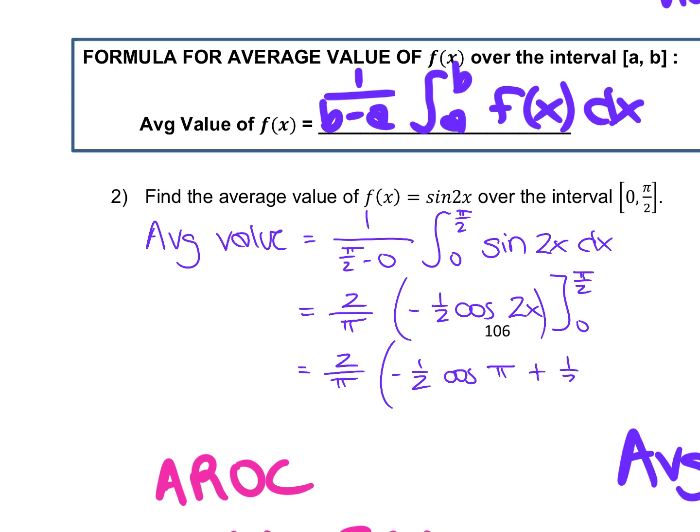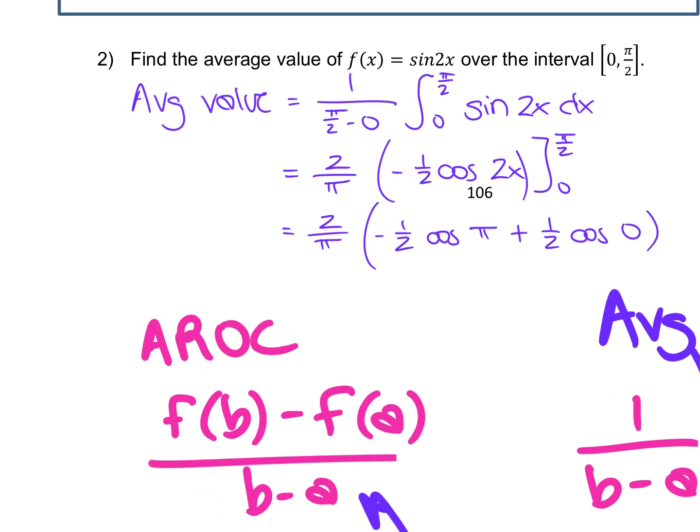Plus 1/2 cosine at 0. All right, quick question. What is the cosine at pi? Negative 1. So that's positive 1/2. What is the cosine at 0? 1. So this is positive 1/2. So what's my final answer? 2 over pi.